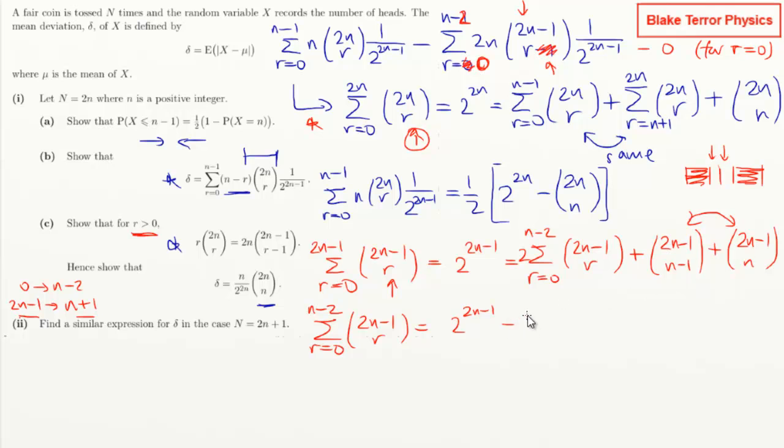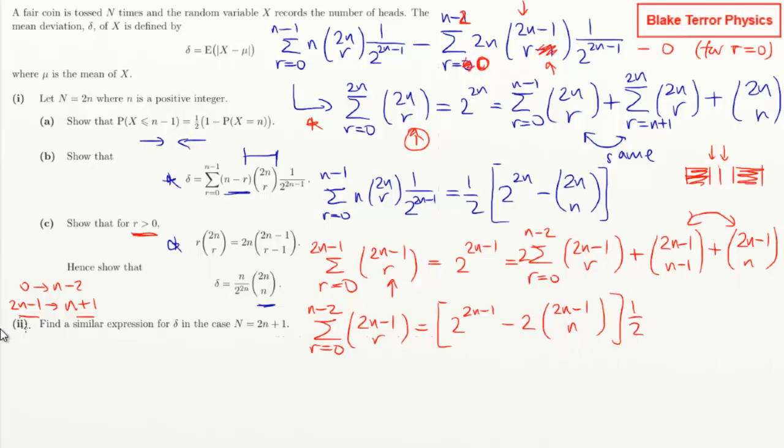So I can take off two lots of one of these. So 2n minus 1 choose, well, n's closer to the answer, so let's go with that. But it doesn't really matter which one I pick, because they're identical to each other. So I've got that. And then I have to halve it. So I've got half of that.